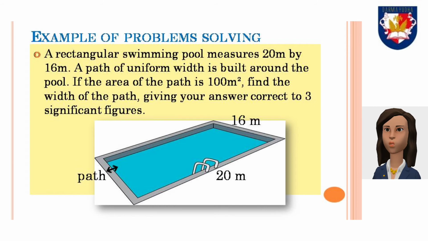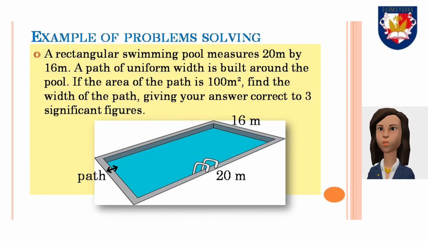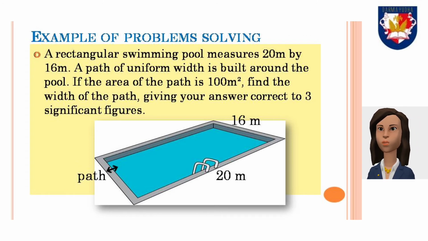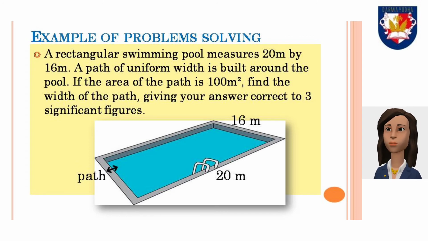Look at the example of problem solving. A rectangular swimming pool measures 20 meters by 16 meters. A pad of uniform width is built around the pool.